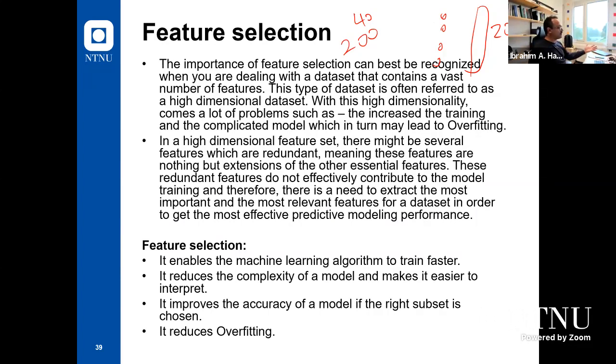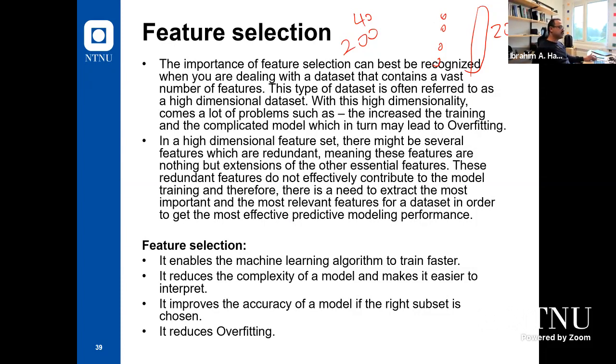Maybe both are correlated, so maybe one of them will be enough. These features are nothing but extensions of other essential features. These redundant features don't effectively contribute to model training, and therefore there is a need to extract the most important and the most relevant features of a data set in order to get the most effective predictive modeling performance.